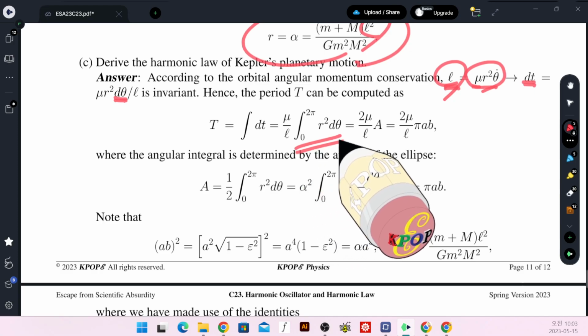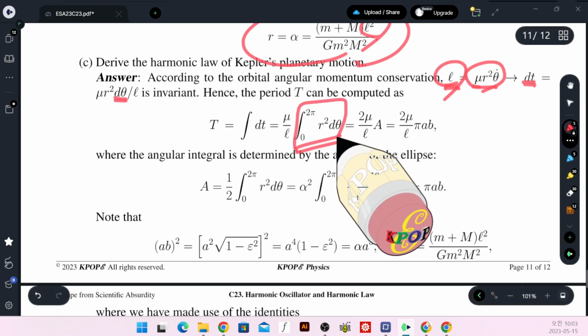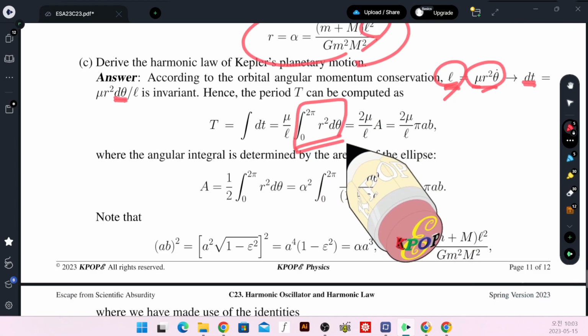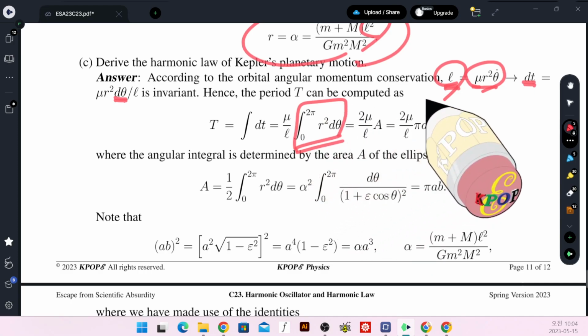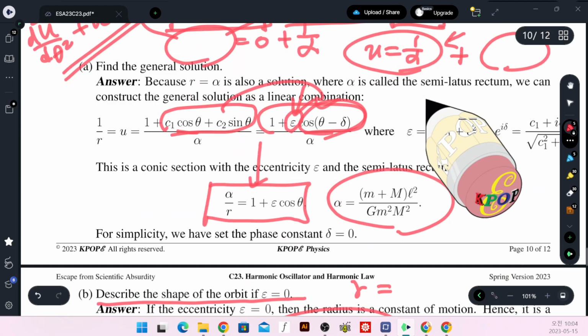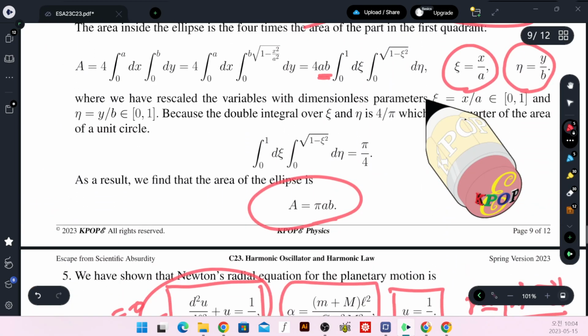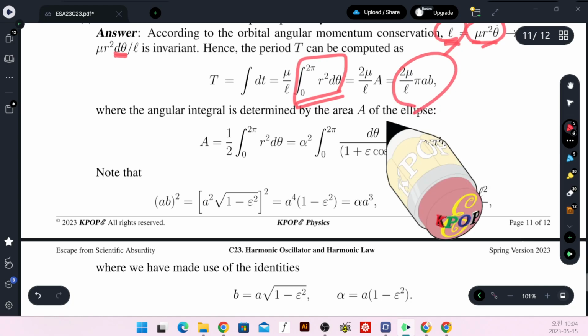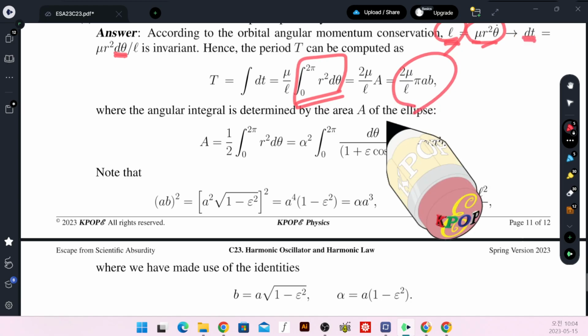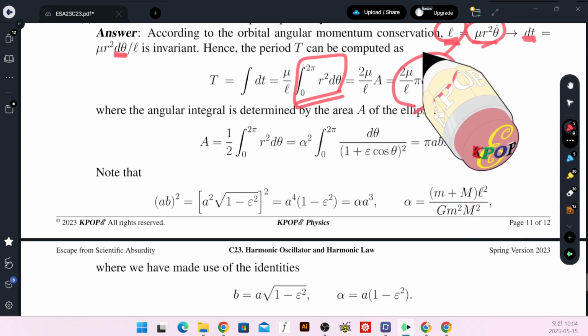We recall that this is not a simple evaluation in polar coordinates. However, its evaluation can be made by using the rescaling method that we just obtained. Therefore, the area of an ellipse with semi-major axis A and semi-minor axis B is found to be like that.